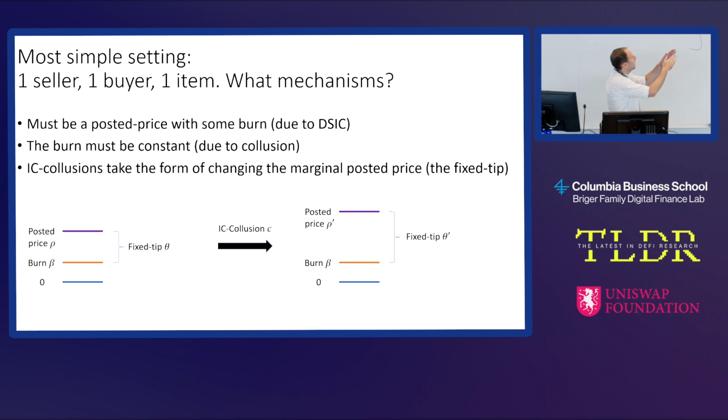So the general structure of an incentive compatible mechanism for the users is going to be similar to the fixed tip EIP 1559 with some constant burn and constant tip. And any type of incentive compatible collusion is going to take us from one such mechanism to a different mechanism.